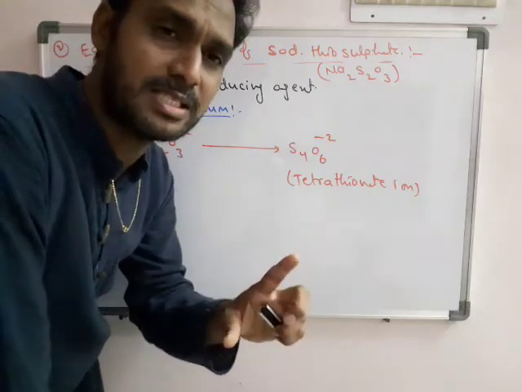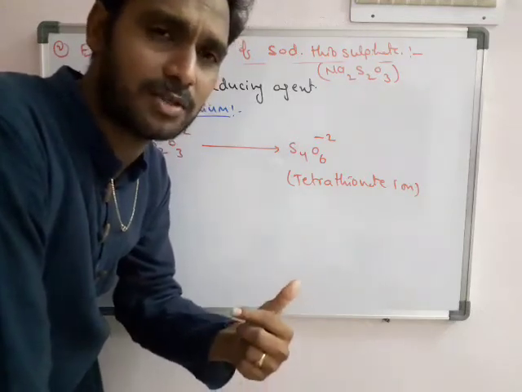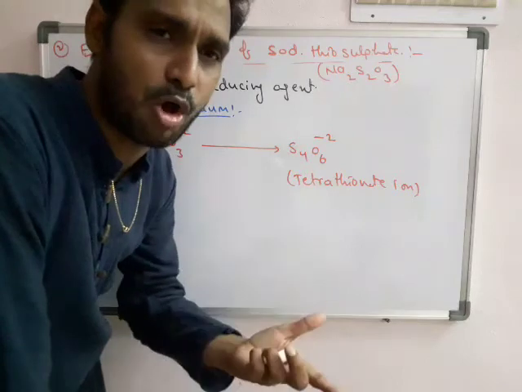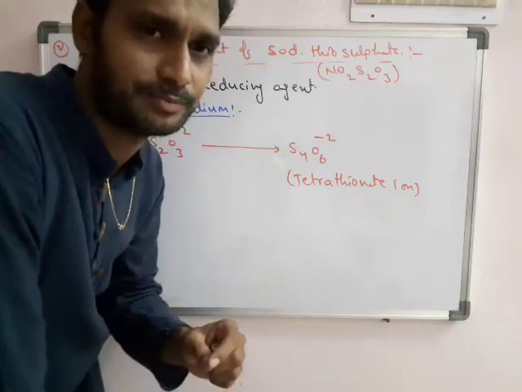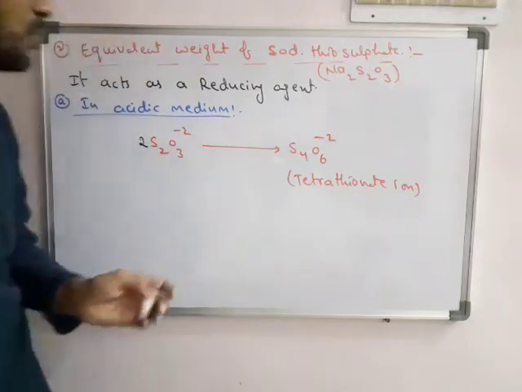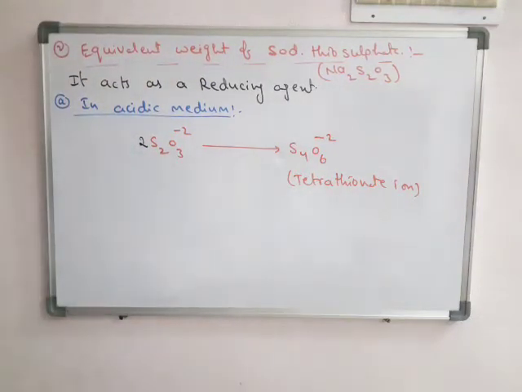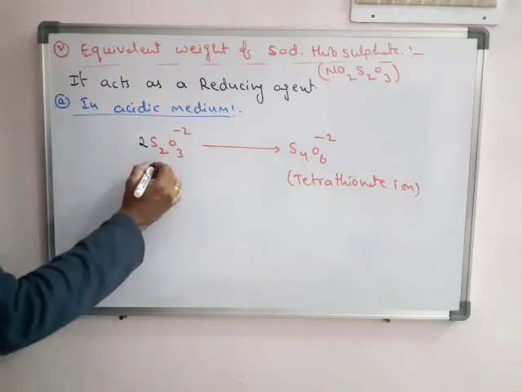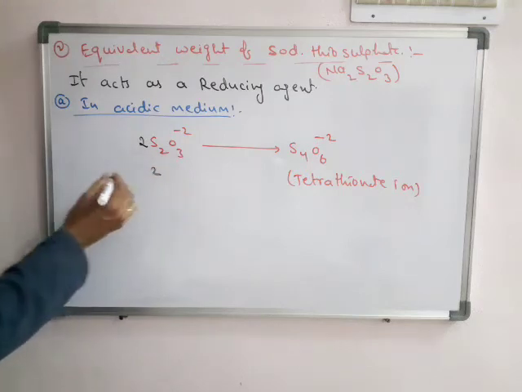How many electrons 1 mole of species gains, or how many electrons 1 mole of species loses, that is called the n factor. To calculate it we balanced here. Once balanced, at the start we got 2 moles. So after calculation, again we calculated for 1 mole. So what is the sulfur oxidation number?